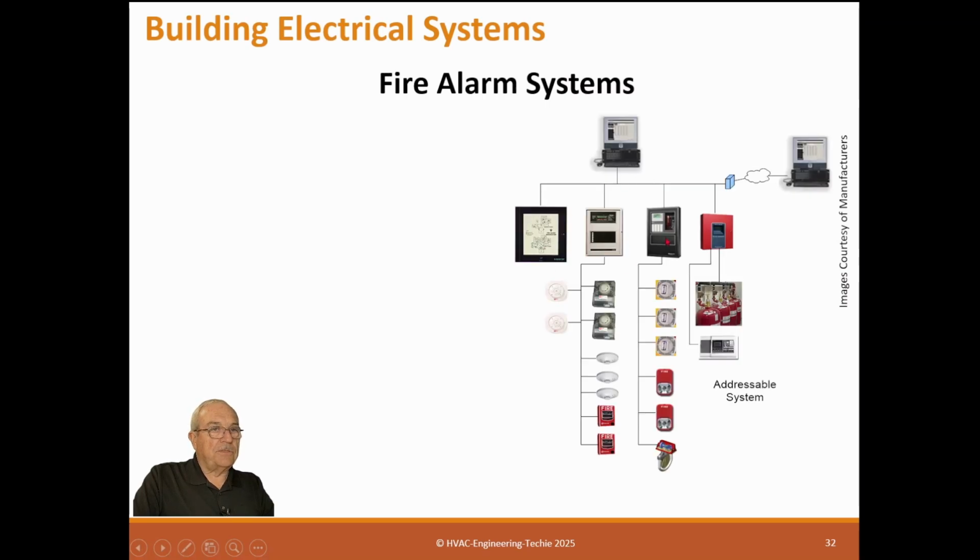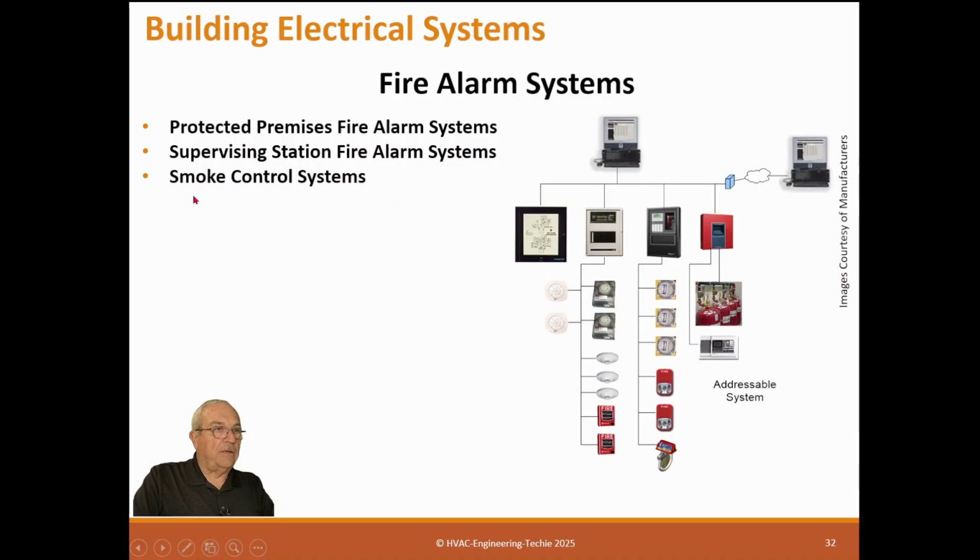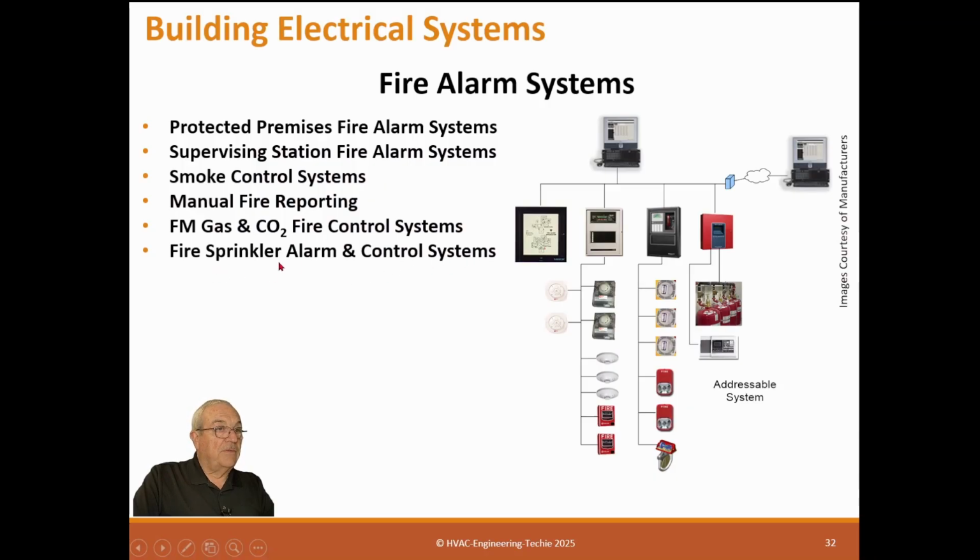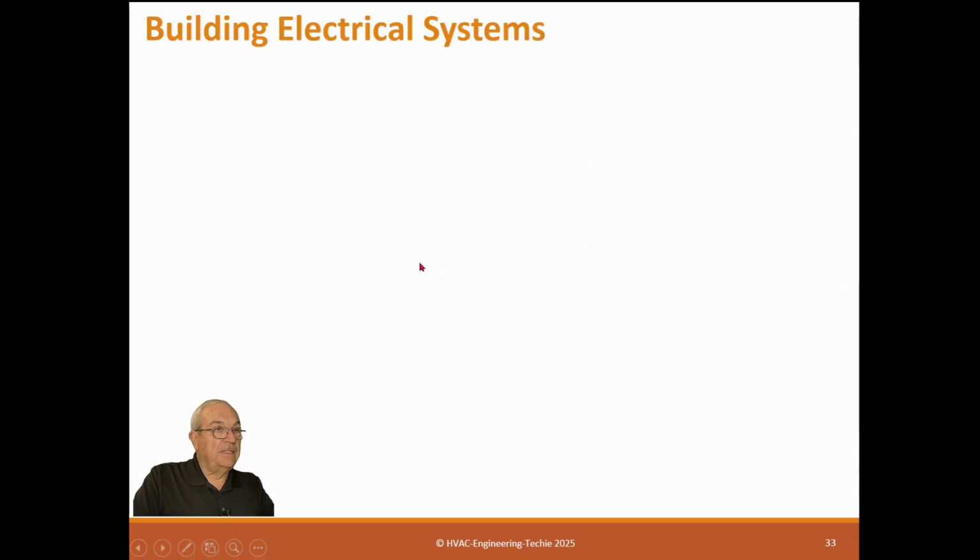Fire alarm systems, basically are for protected premise fire alarm systems, supervisor station fire alarm systems, smoke control systems, manual fire reporting, FM gas and CO2 fire control systems, fire sprinkler alarm and control systems.